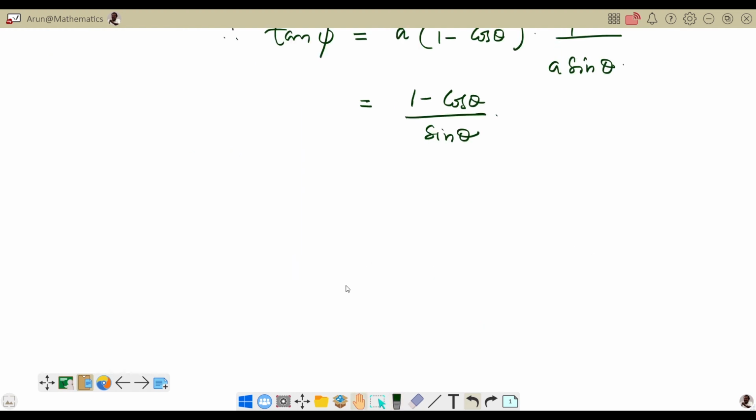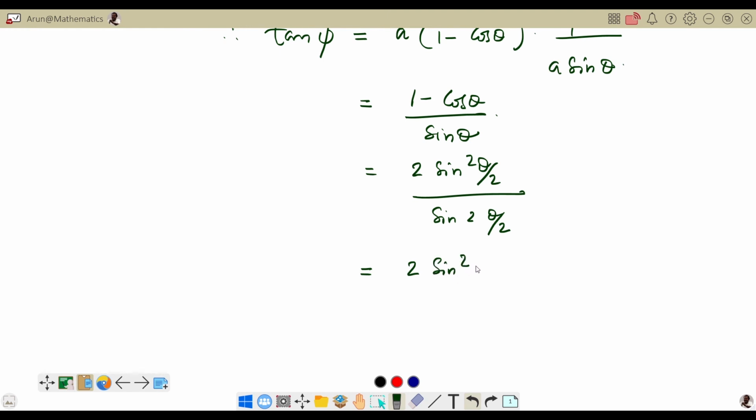So this is equal to 2 sin square theta by 2 divided by sin 2 into theta by 2. So this is equal to 2 sin square theta by 2 divided by 2 sin theta by 2 cos theta by 2. So you can cancel 2. So this is sin theta by 2 divided by cos theta by 2.